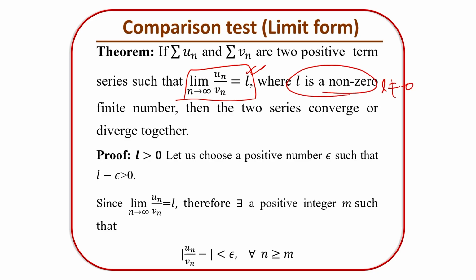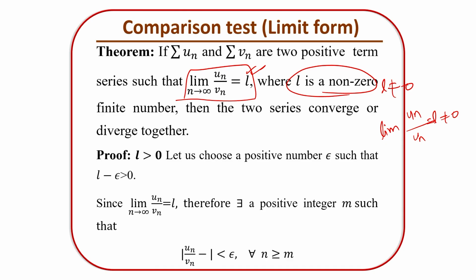Once you have a limit which is non-zero, the ratio of the terms from one series to another, that means the limit of un by vn is not 0, that is equal to L. Then both series behave equivalently. That means either both series converge, or both series diverge, or both series oscillate.